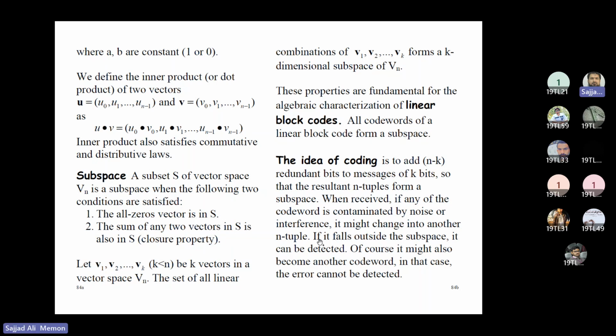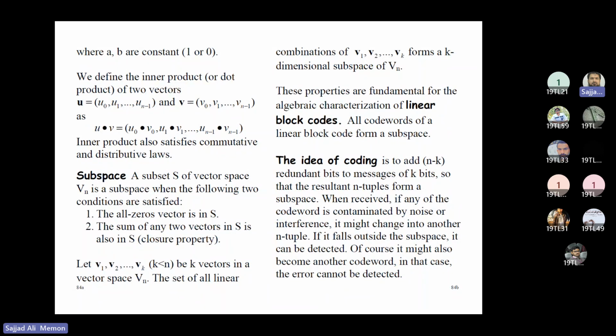If it falls outside the subspace, it can be detected. Of course, it might also become another code word. In that case, the error cannot be detected. See that point? We add some redundant bits, that is n minus k, to the actual message bits, so that the resultant n-tuples form a subspace.